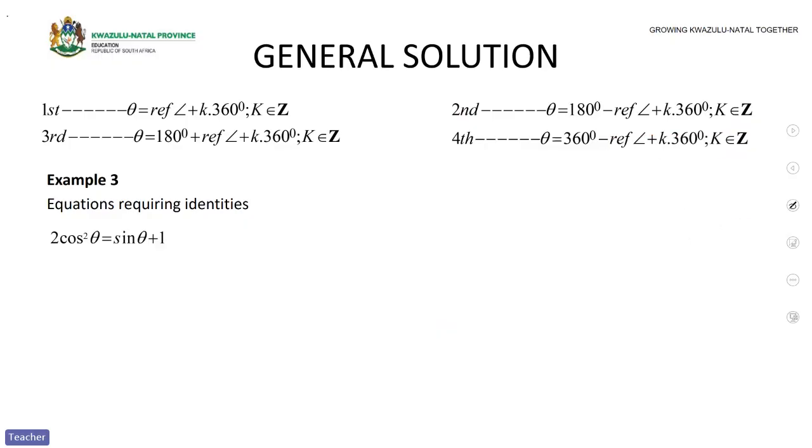Our next equation, we are required to solve this trig equation: 2 cos squared theta equals sine theta plus 1. So again, we are going to be doing the very same thing.